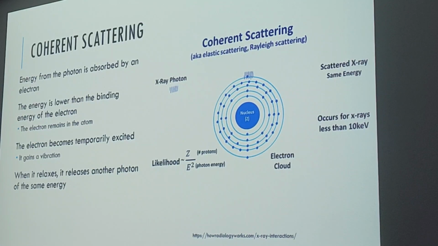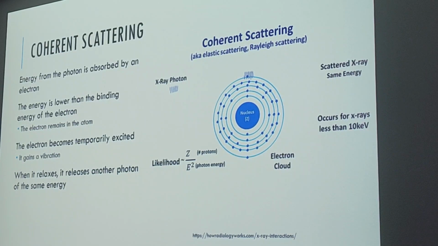Do I need to repeat myself? With coherent scattering, energy from our X-ray photon comes in and interacts with an outer shell electron. Because the energy is so low, lower than the binding energy of the electron, it does not eject the electron.